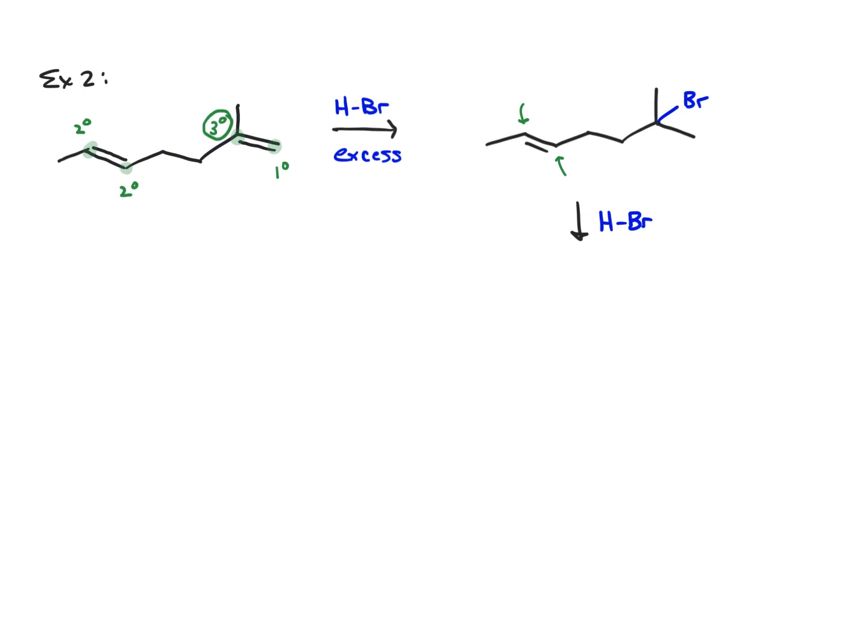And that means this is going to lead to two different products. So in one product, we'll get the Br here. In the other product, we'll get the Br here. So when I said this could start to become a mess when you don't have selectivity, this is what I'm talking about, where you can get multiple products.